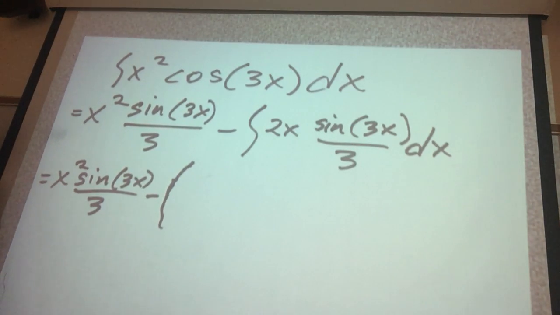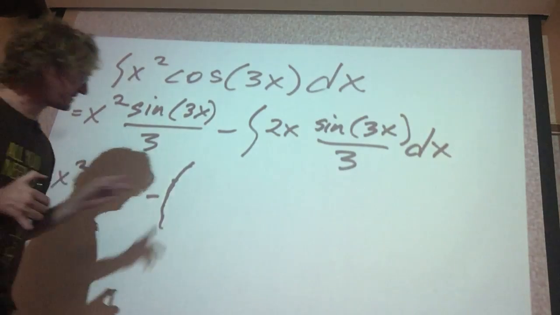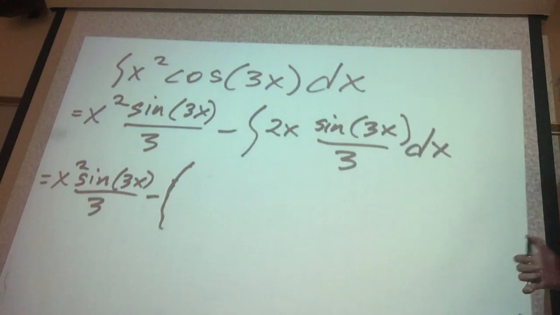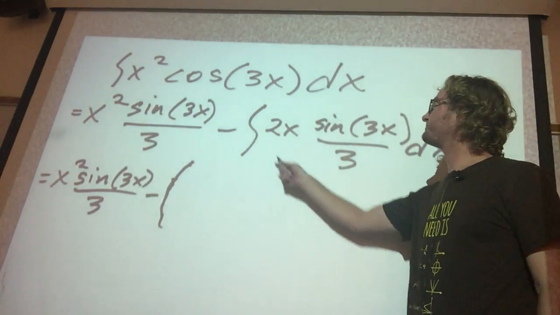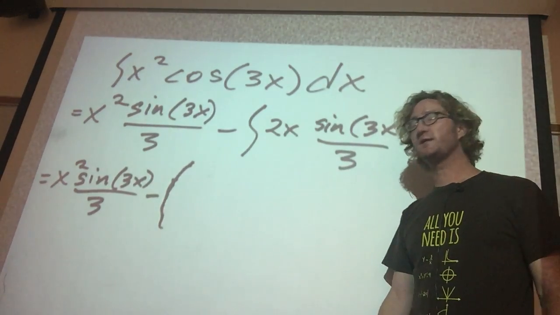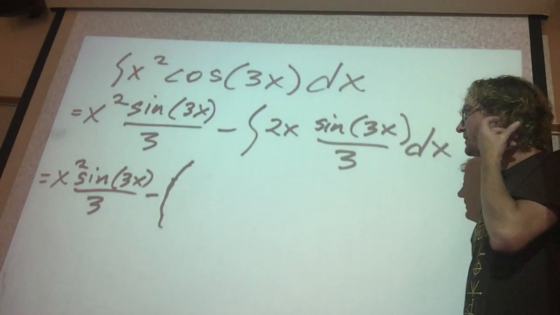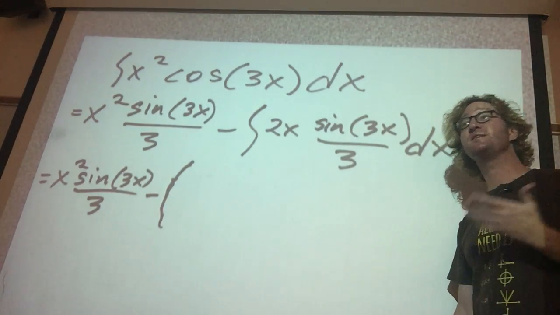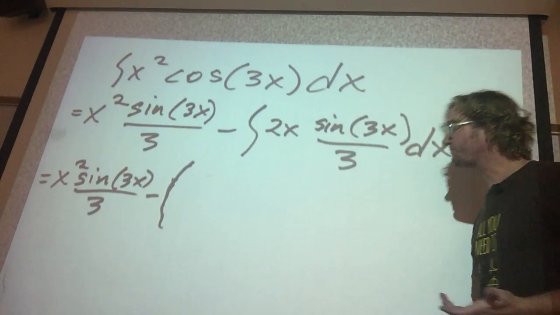So leave that minus sign sitting on the outside. And we're going to do integration by parts onto this thing right here. And so just remember, whenever you integrate sine, the integral of sine is negative cosine.